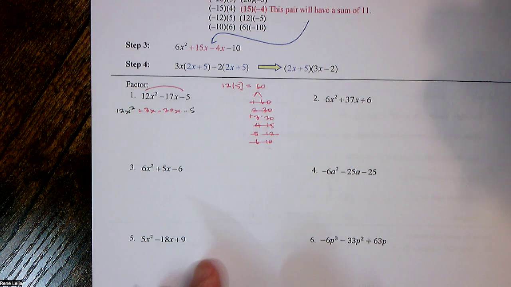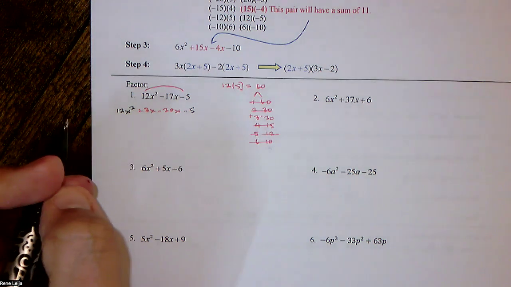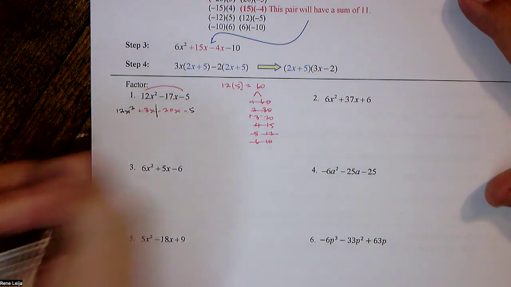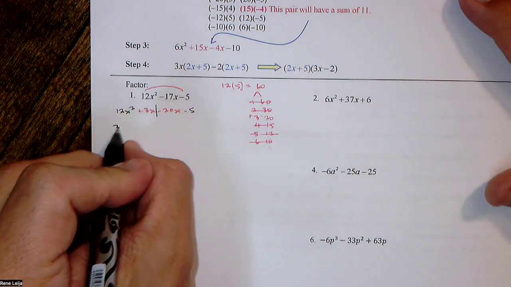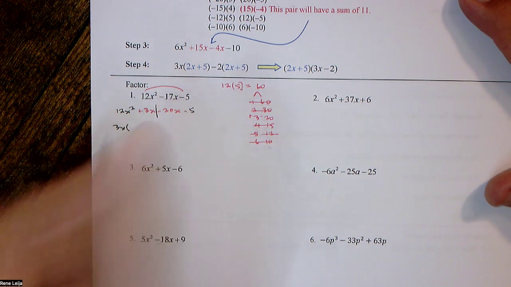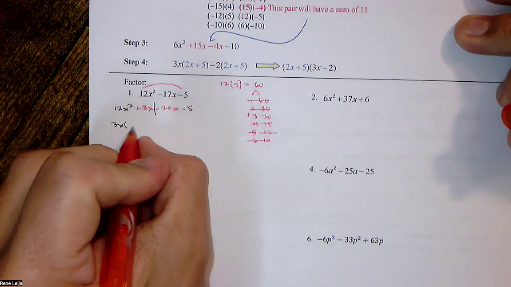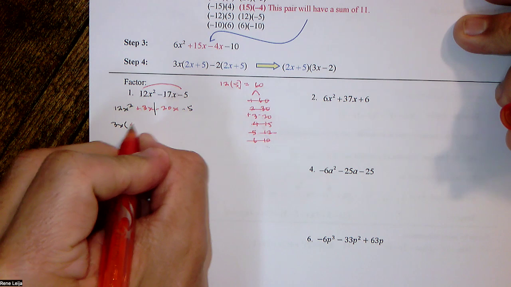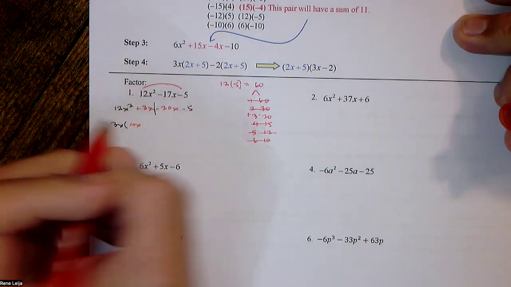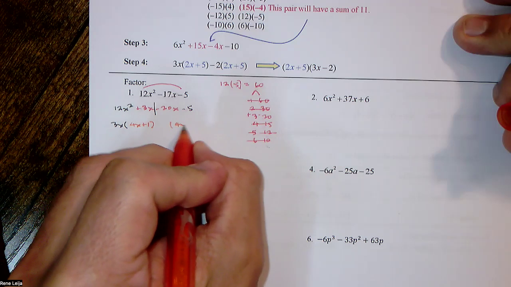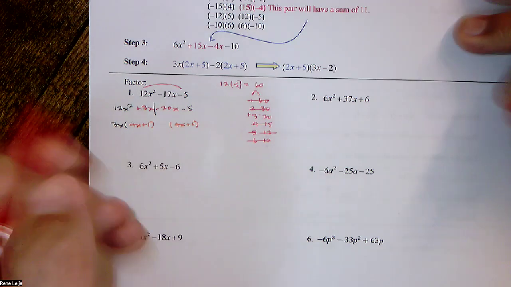Okay, so now we have four terms, and just like we did in section 2.3, I'm going to cut this in half. We're going to factor by grouping, so I can take a 3x out, and I'm left with a 4x plus 1. So the 4x plus 1 has to repeat.